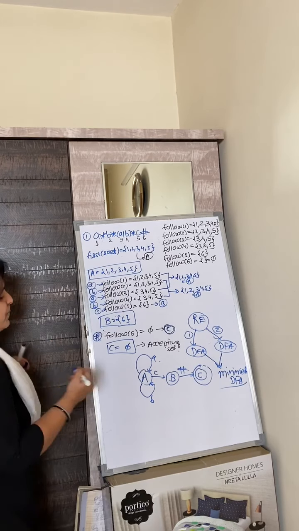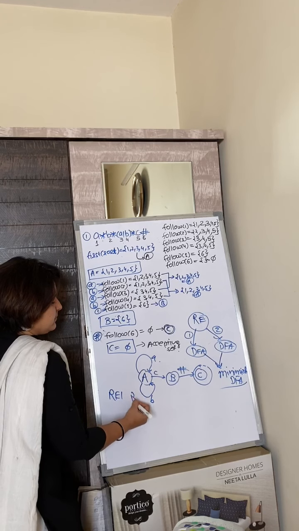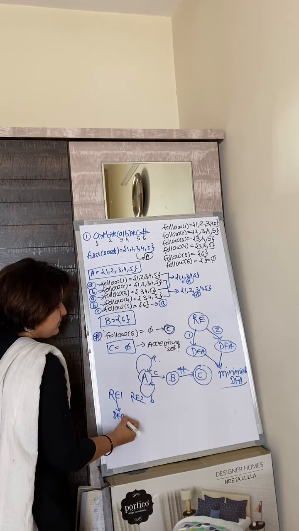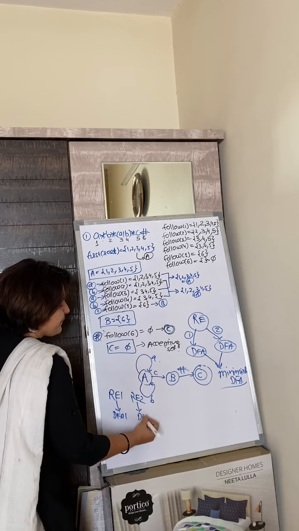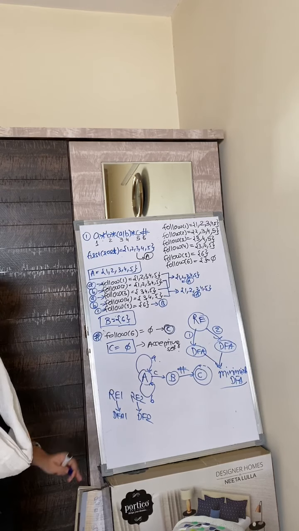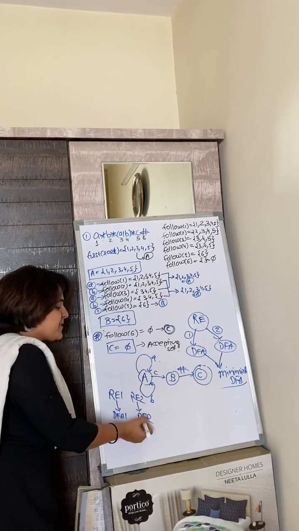Another statement I want to make is, suppose this is your RE1 and this is your RE2. For this you have created a DFA, that is DFA1. For this it is DFA2.